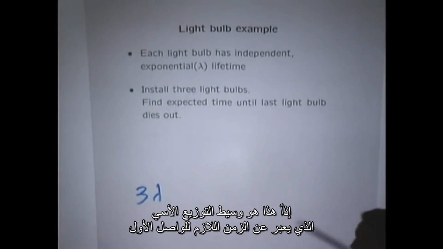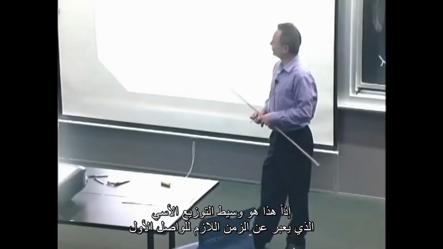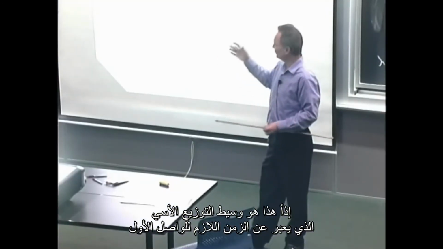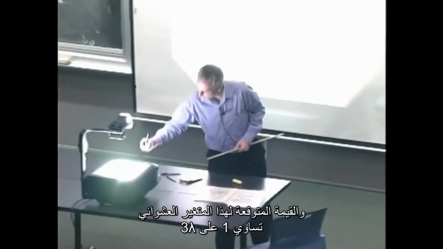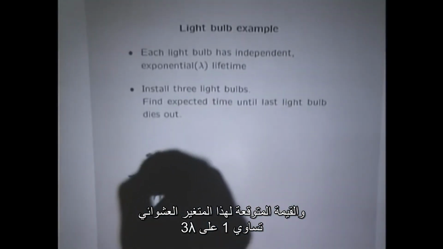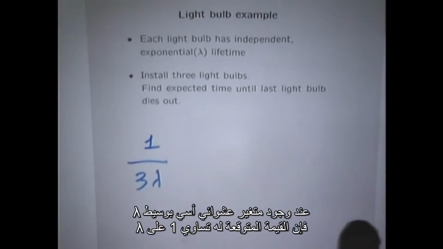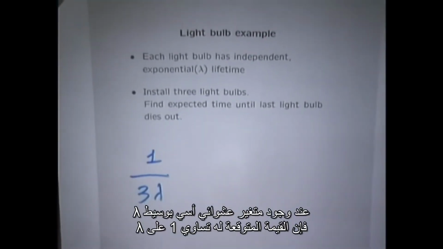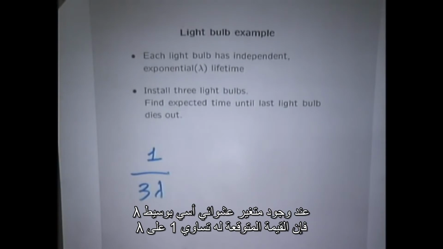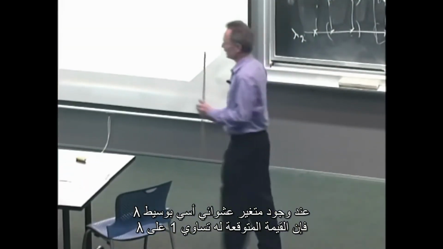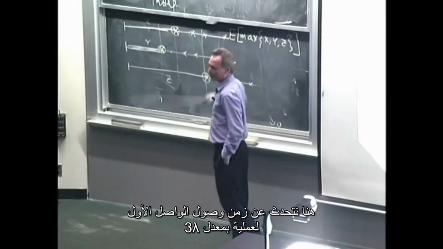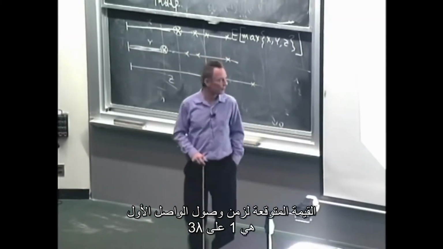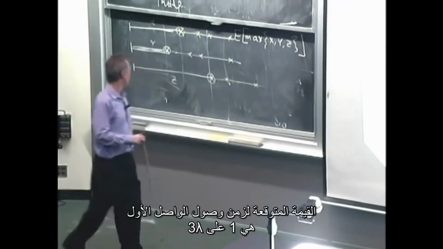So this is the parameter of the exponential distribution that describes the time until the first arrival in the merged process. When you have an exponential random variable with parameter lambda, the expected value of that random variable is 1 over lambda. Here we're talking about the first arrival time in a process with rate 3 lambda. The expected time until the first arrival is 1 over 3 lambda.